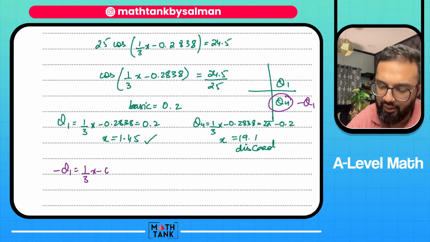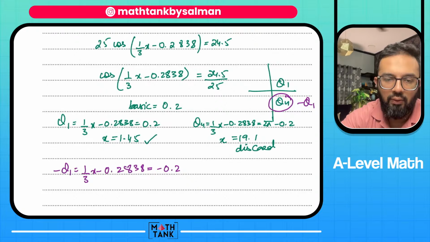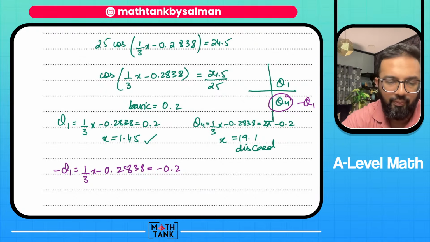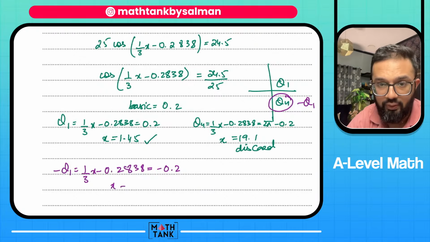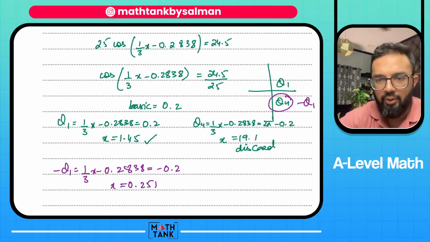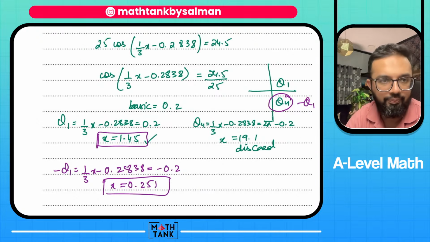That's simply negative alpha. Okay, so negative 0.2. So negative 0.2 plus 0.2838 into 3. I'm getting x is 0.251. Okay, yeah, I think those are the two correct answers. One is this and the other one is that.